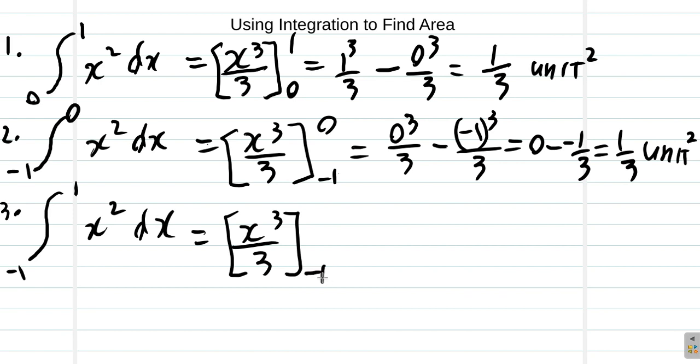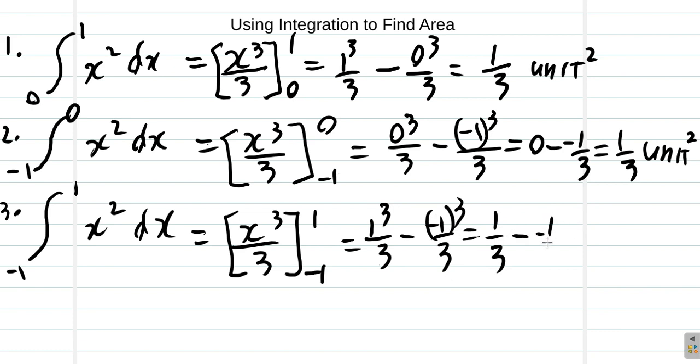We're going from -1 to 1. So we have 1 cubed divided by 3 minus -1 cubed divided by 3, which is 1/3 minus -1/3, same as 1/3 plus 1/3, which is 2/3 square units.